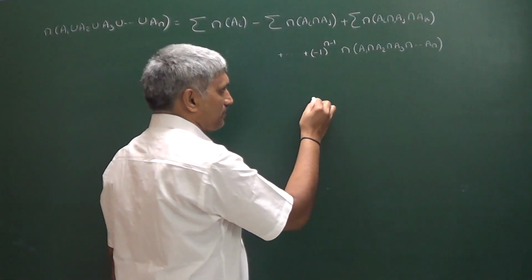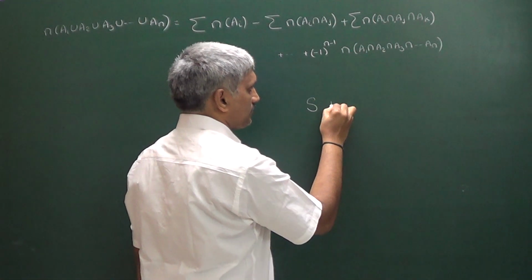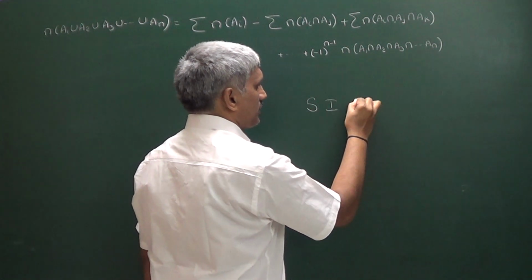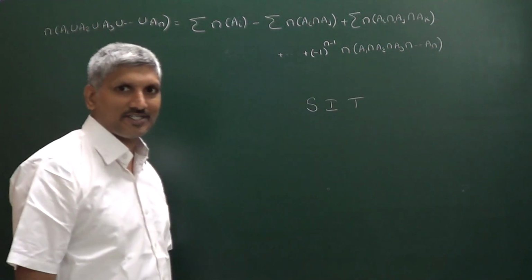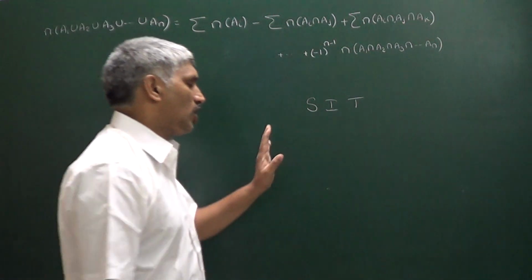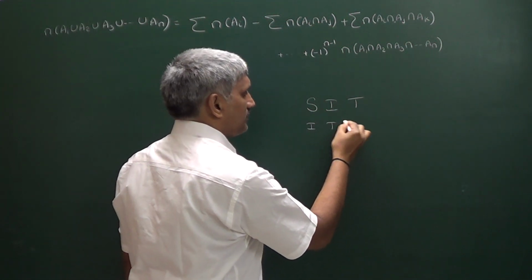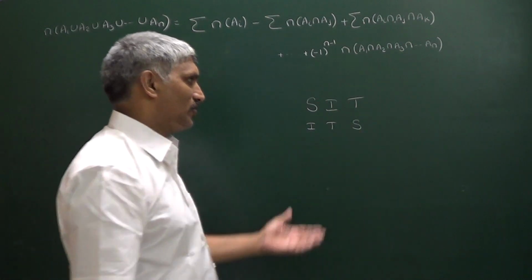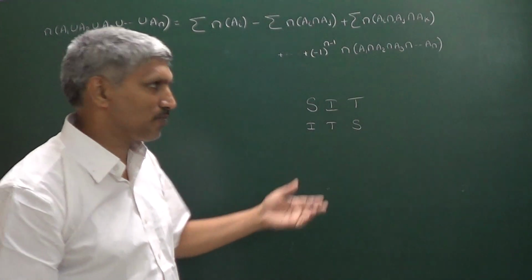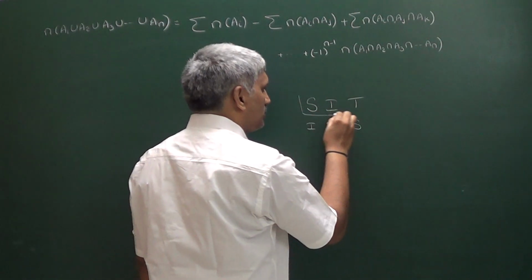Suppose you see S, I, T, SIT. So now I, T, S. Yes, no letter is there in its original position. This is the original word.